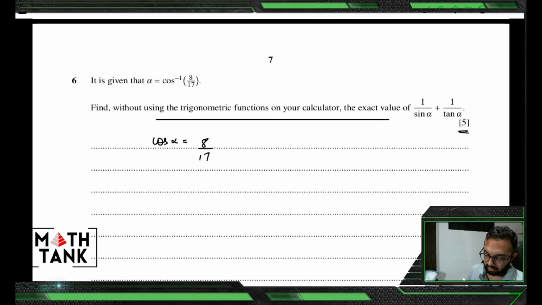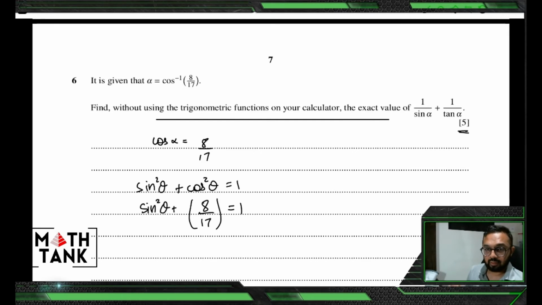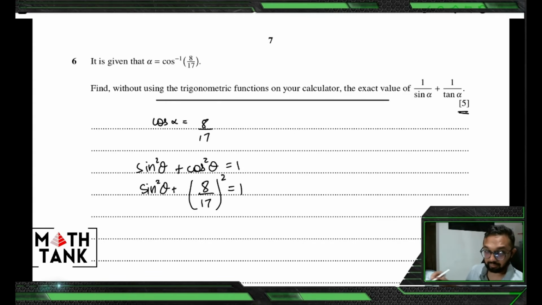Now, we've all done this. If cos theta is 8 over 17, then sin squared is 1 minus 8 over 17 squared. I'm going to move it to the other side and then take a root.